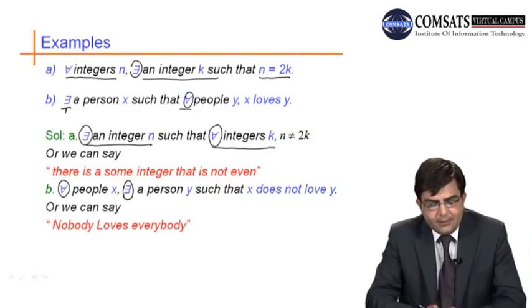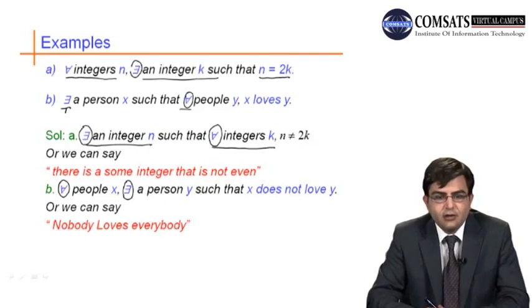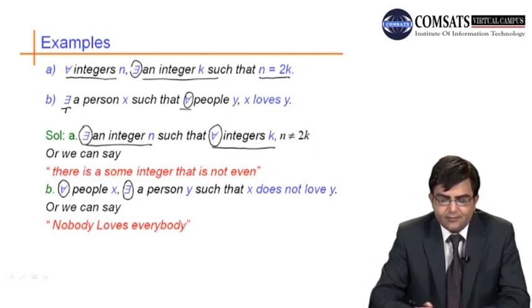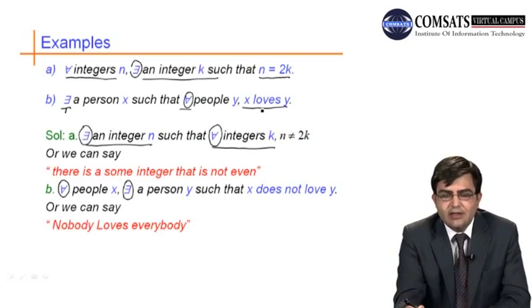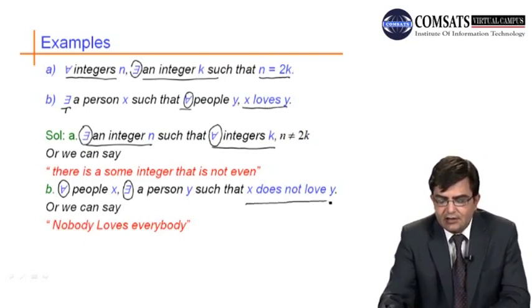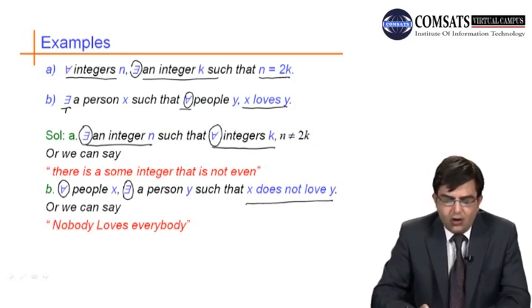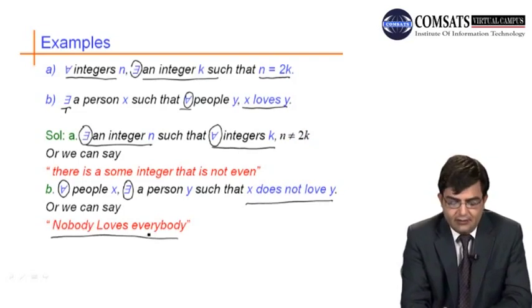So here, there exists a person x will be converted to for all people x, and for all people y will be converted to there exists a person y, such that here we have x loves y. And what will be the negation of x loves y? X doesn't love y.